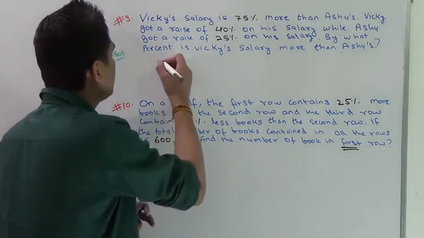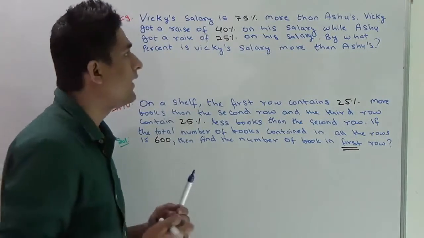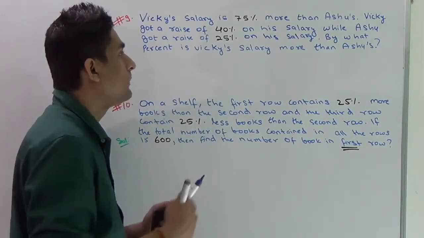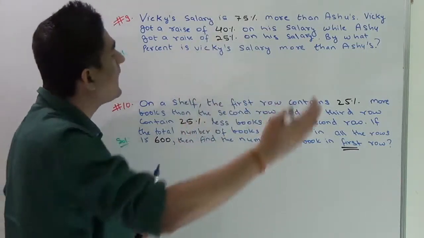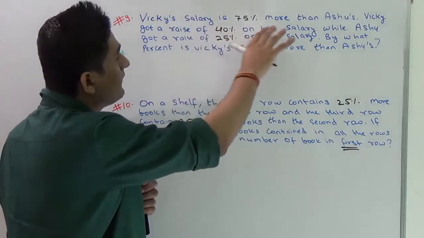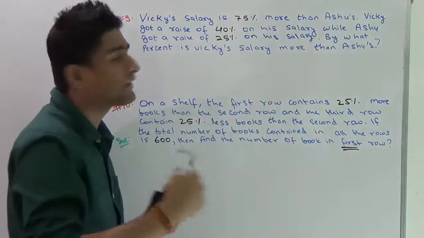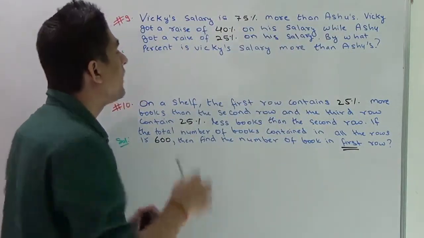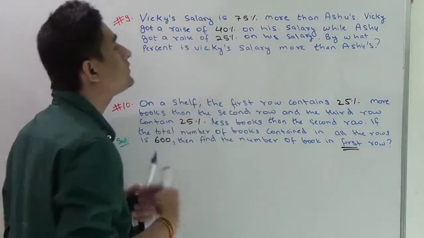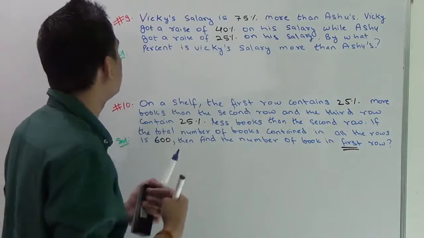If I say the salary of Vicky is 100 and try to find out Ashu's salary, it is not that easy because Vicky's salary is directly dependent on Ashu's. The question says Vicky's salary is 75% more than that of Ashu's. That means Vicky's salary is dependent on Ashu's. So it is not that easy to find Ashu's salary if I assume Vicky's salary.